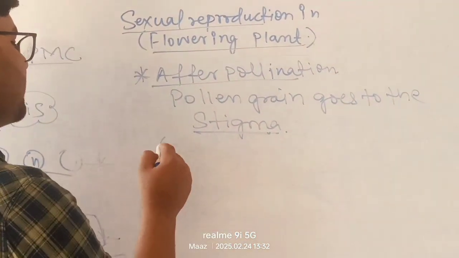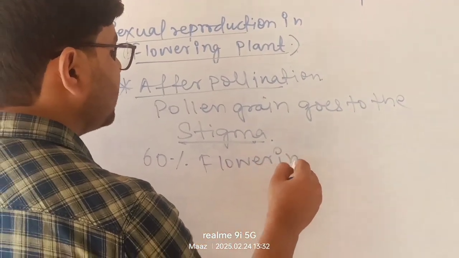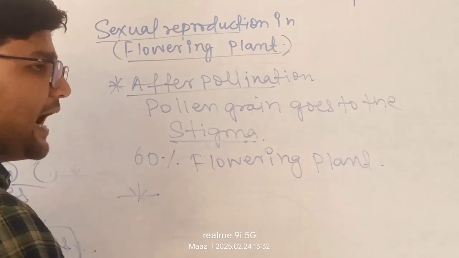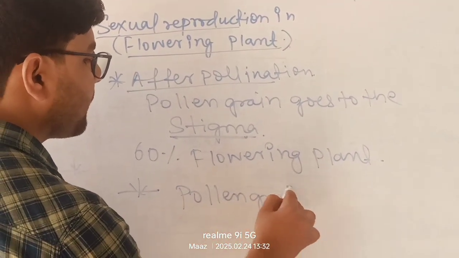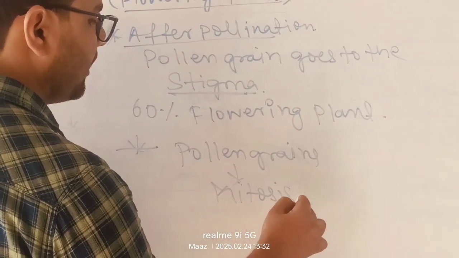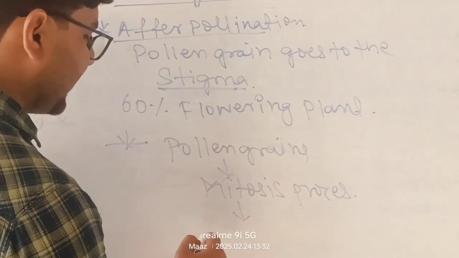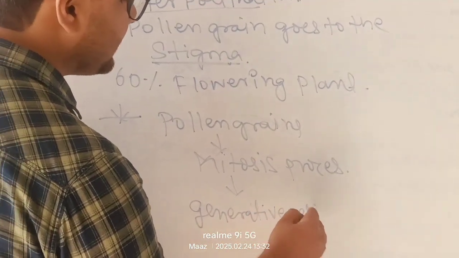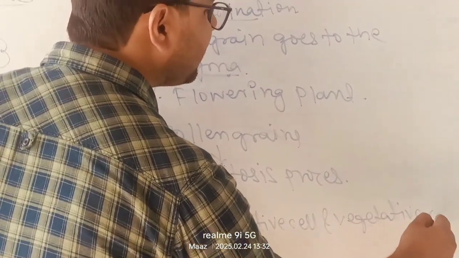But in 60% of flowering plants, the pollen grain starts to divide by mitosis. Pollen grains divide by mitosis and give rise to two cells, that is one generative cell and a vegetative cell.